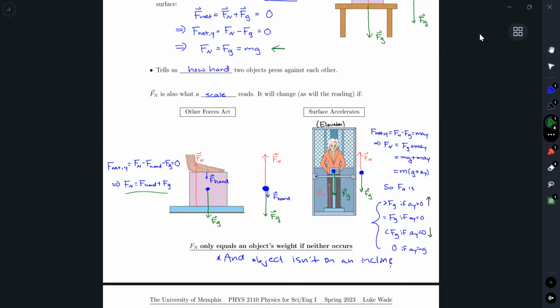There could be like one elevator type problem of you're given someone's mass and you want to know for a given acceleration what the normal force on them is. So it may word that as what reading would a scale say, or with what force does the floor of the elevator act on this person, things like that.